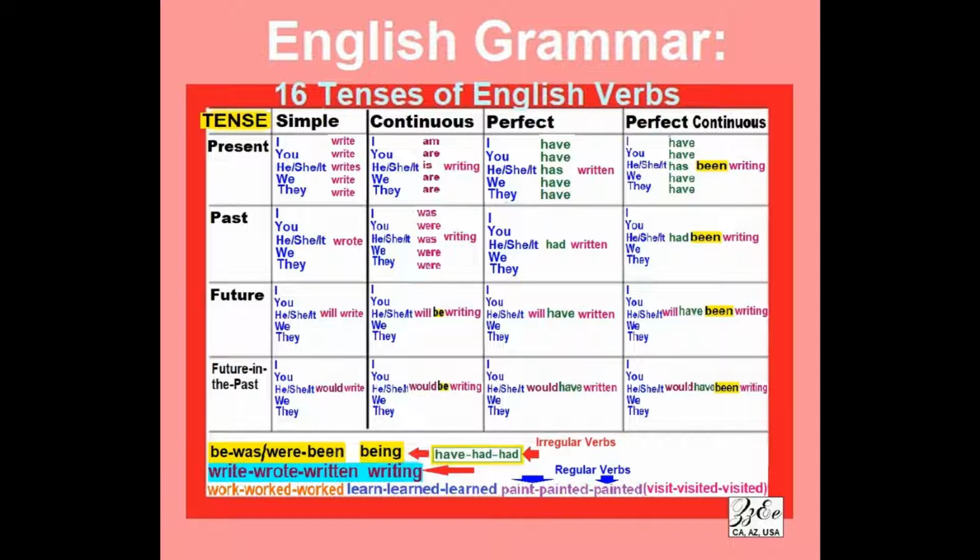The one which is earlier, 2 hours before or 2 years before, you are going to use past perfect tense. So perfect is a completed action before a moment in the past. Present perfect tense, completed action before the moment in present. Past perfect, completed action before a moment in past.